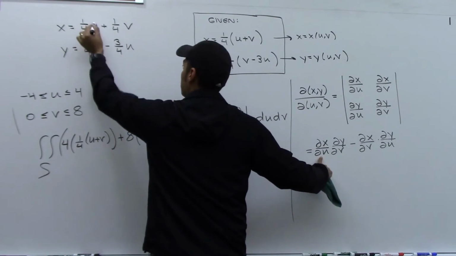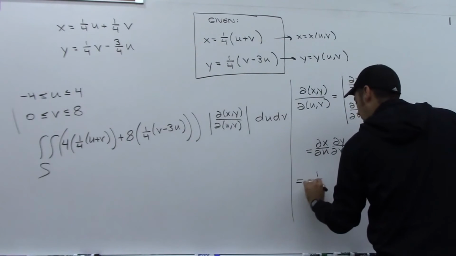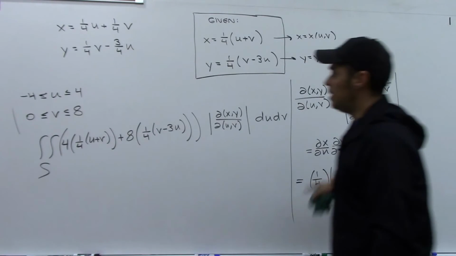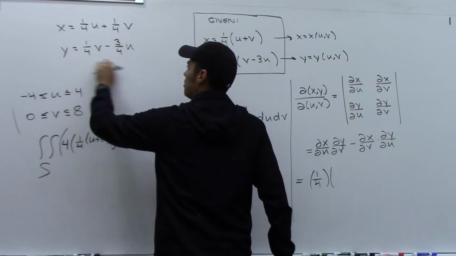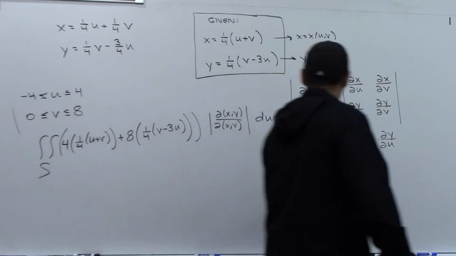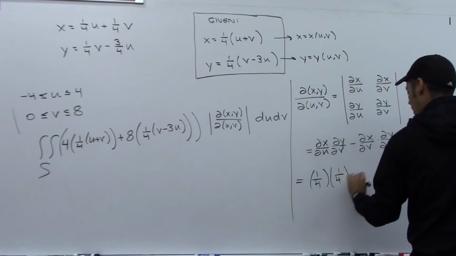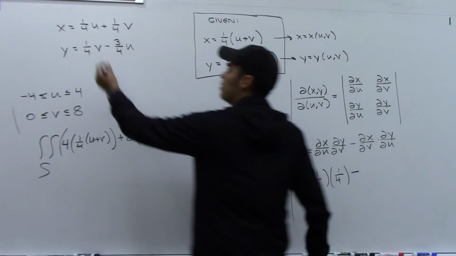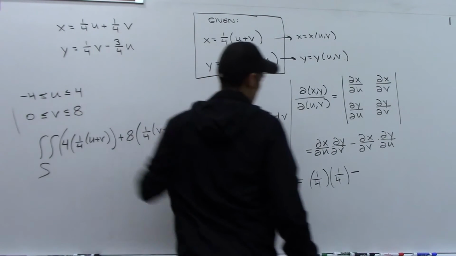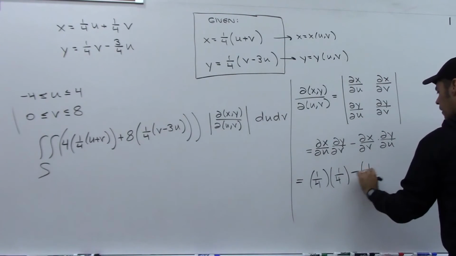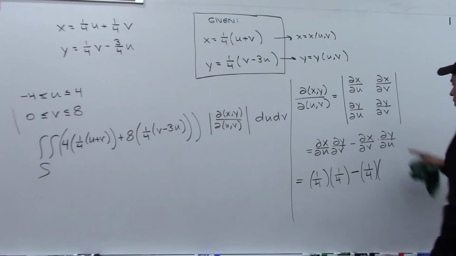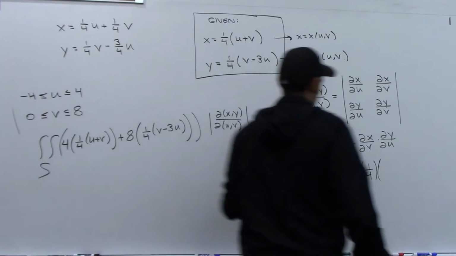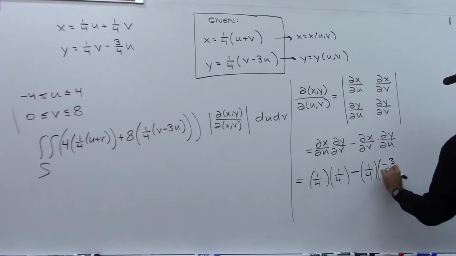Derivative of this with respect to u is 1/4. Partial of y with respect to v is partial of this with respect to v, which again is 1/4. Minus the partial of x with respect to v, which is, let's see, 1/4. And then times the partial of y with respect to u, which is here, derivative of that is -3/4.